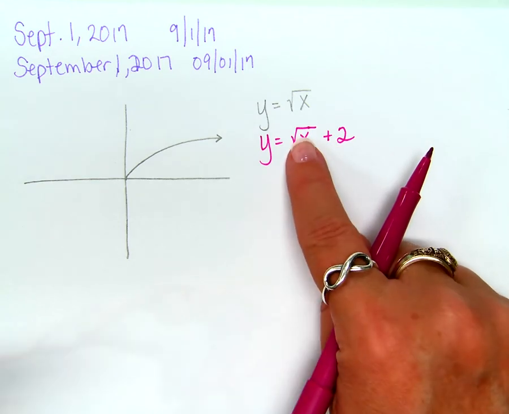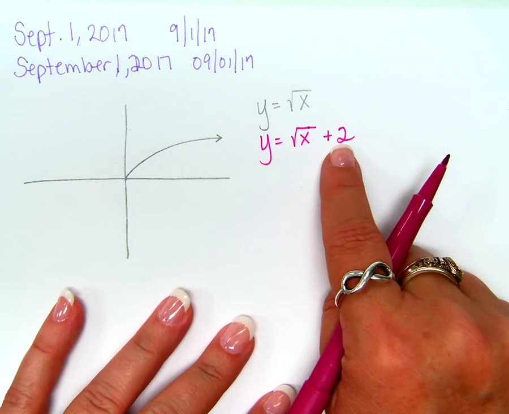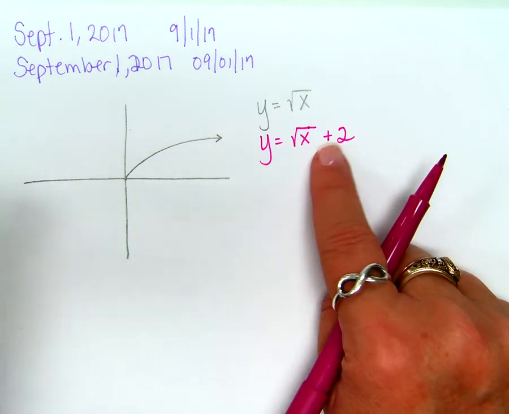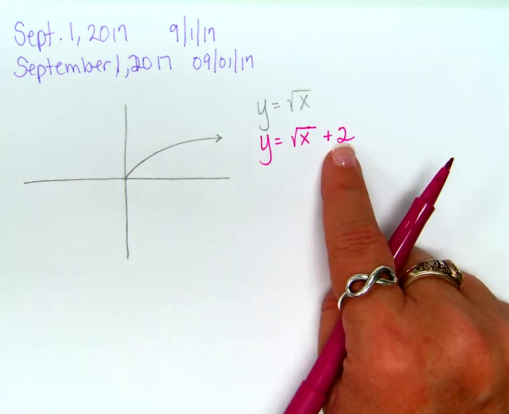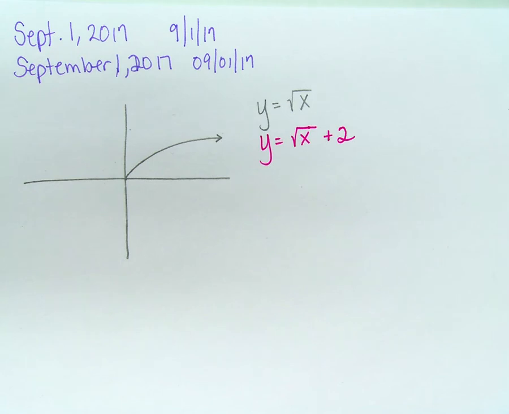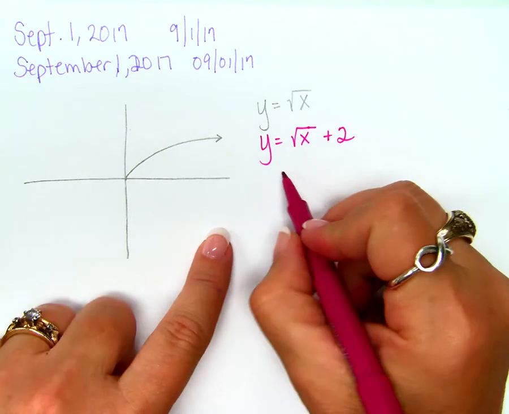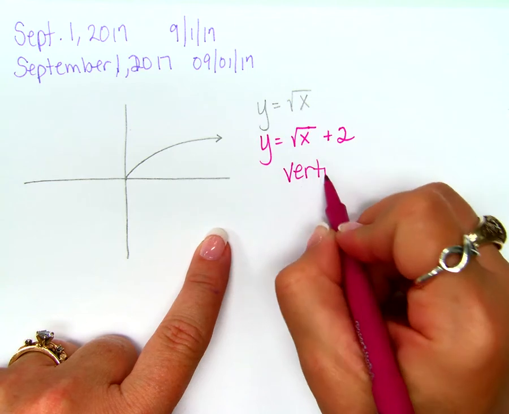It would be under it, right? Under the radical, right? It's outside of the function. When things are being added or subtracted on the outside of the function, let me change what I just said. When things are happening on the outside of the function, that causes a vertical change of some sort. Vertical. Okay? So this is going to be a vertical change.